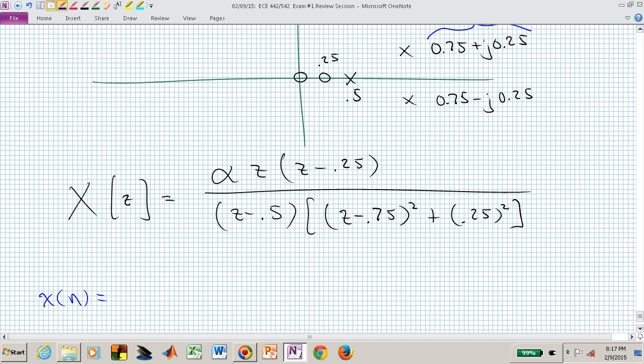If you went up and just kicked this system, I'm not exciting this system, it's already, everything is included, capital X of z is all there, and now I say it's initialized, let it go. And what are you going to see? What kind of a response are you going to see from capital X of z when you look at little x of n? You just told me it's stable, so everything is going to collapse, isn't it, as n increases.